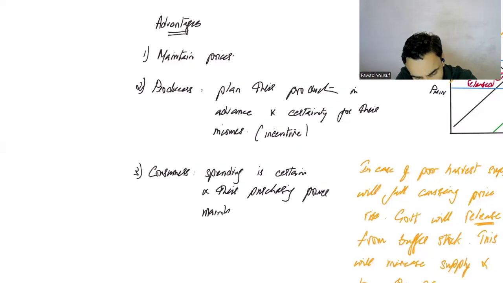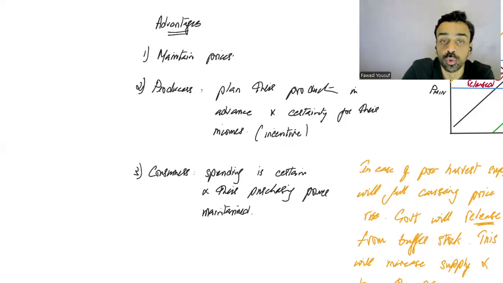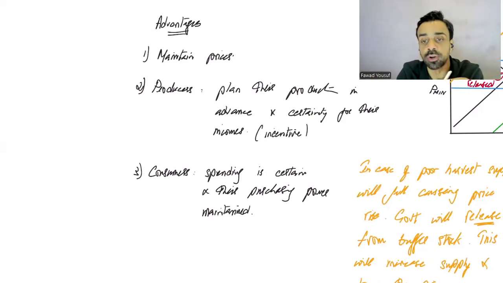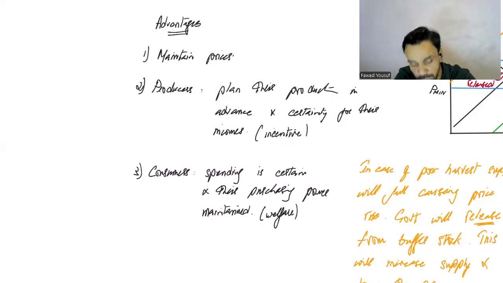Their purchasing power is maintained because they know that acha ji, sugar is not going to go up in value so much or fall in value so much. So sort of like their welfare is taken care of by the government by trying to maintain the prices.